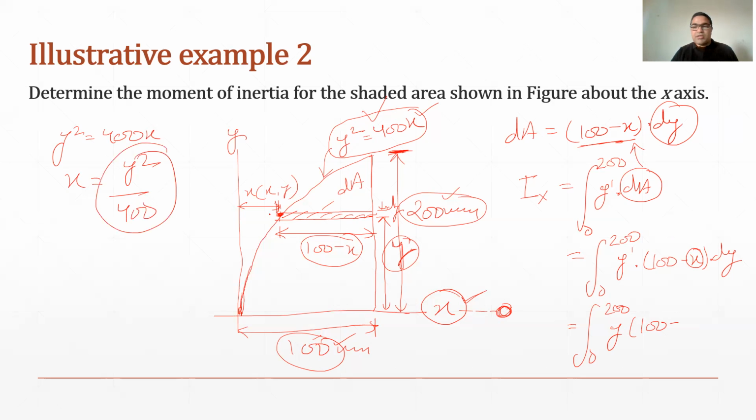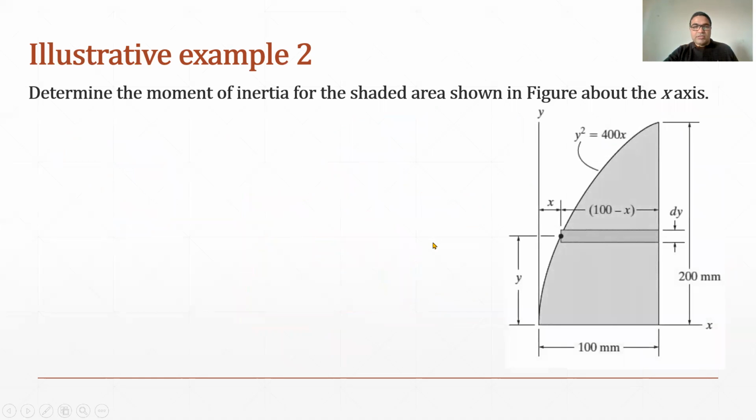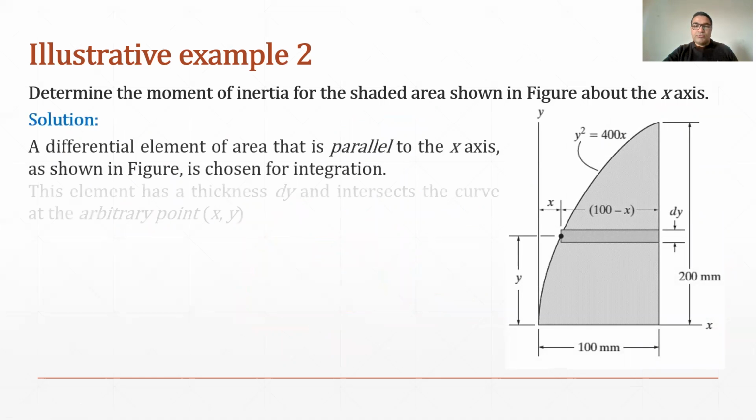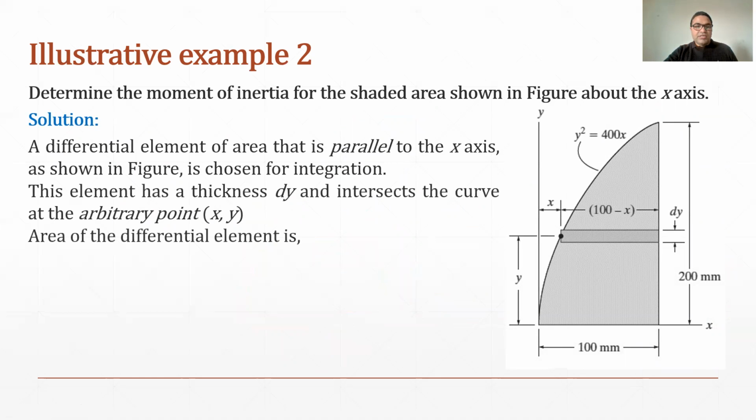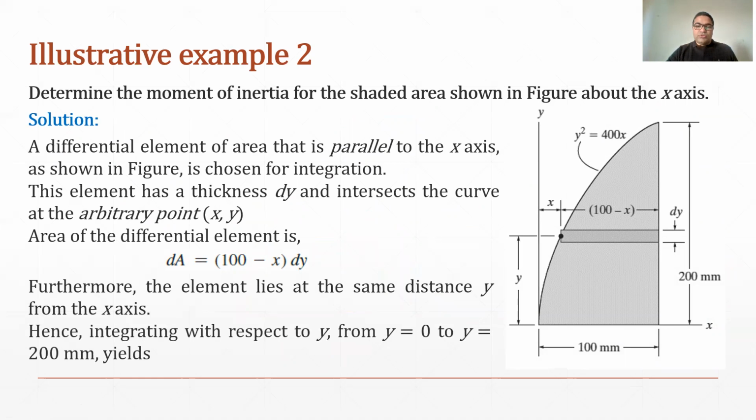So this value can be written here in place of x, which is y square by 400, into dy. So we have to solve this integral. I have written it here, and I have also provided the solution, and the solution here is to first choose the differential thickness and the area of the differential element. So the limit here is 0 to 200 mm.